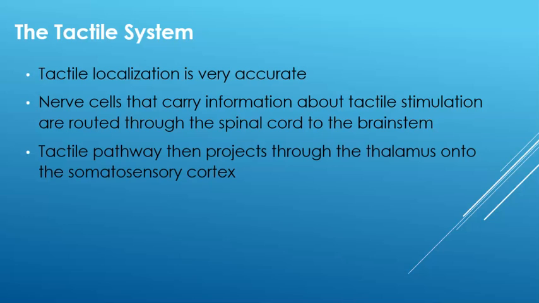So they're more densely packed in our fingers, or even on our lips or tongue, because we use those to talk and to taste. Body areas that we don't use to touch very much, like part of your arm or your legs, still have all these receptors, just not as tightly packed.